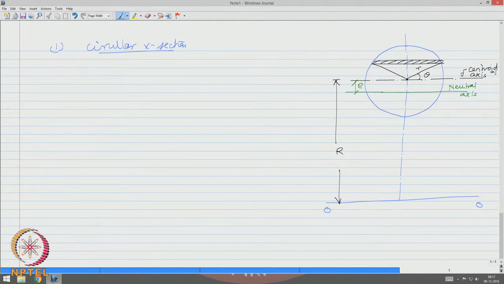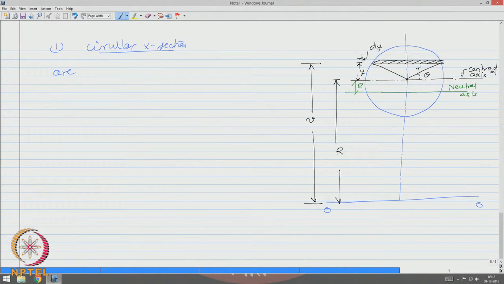The radius of the circular cross section is small r, and let that fiber be at a distance y from the centroidal axis, and let this be dy. Let us introduce one more variable, which is small v from here.